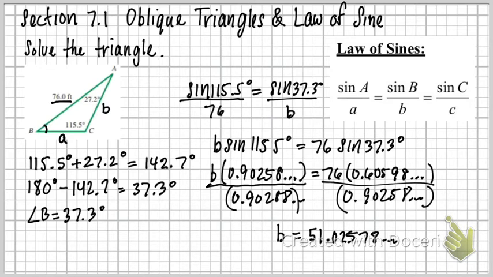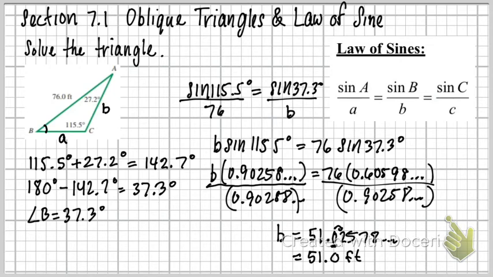That's indicating that they want us to round to the nearest tenth, even though they don't say it in the problem. So our final answer would be 51.0, because if I'm rounding to this digit here, I look to the right and it's less than 5, so I keep it the same. So this would be 51 feet, and this would be my side B. So there's my second piece.